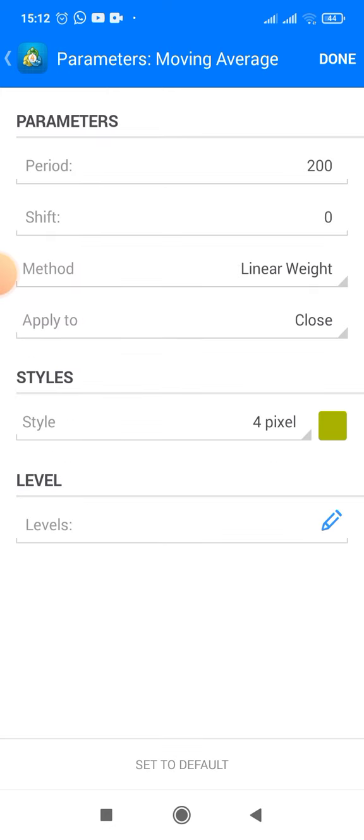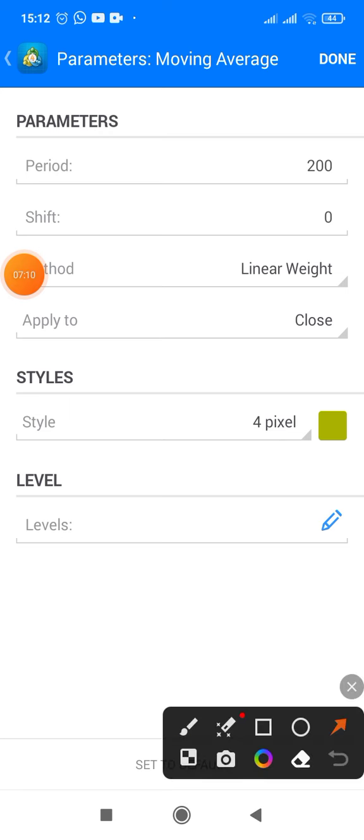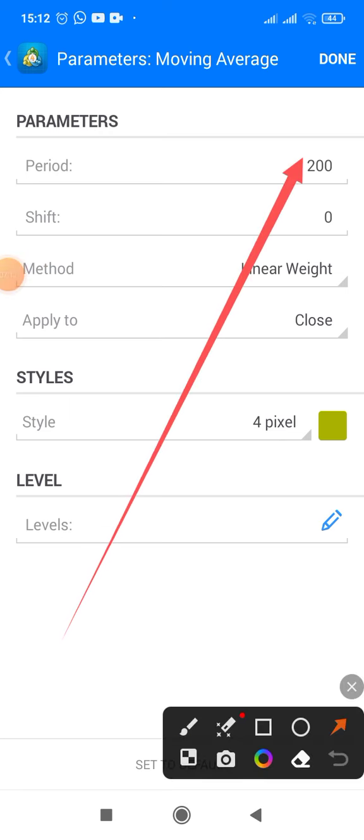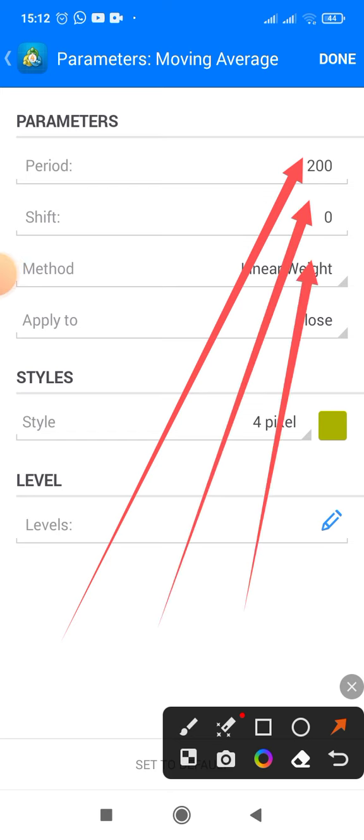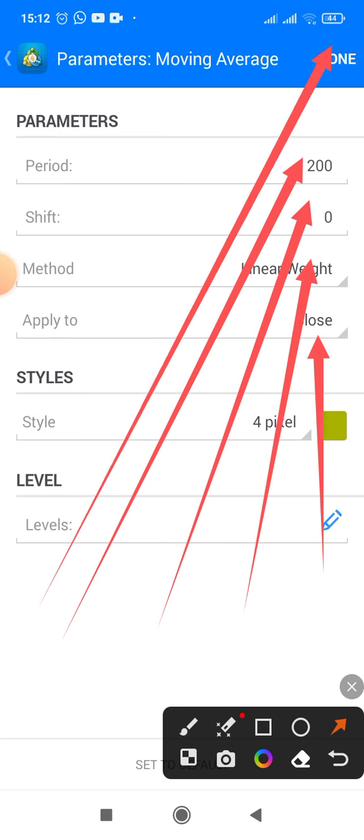The first moving average is 200, as denoted above. Shift is 0. Method is linear weighted, apply to close. For color, you can pick yellow. Then you press done.